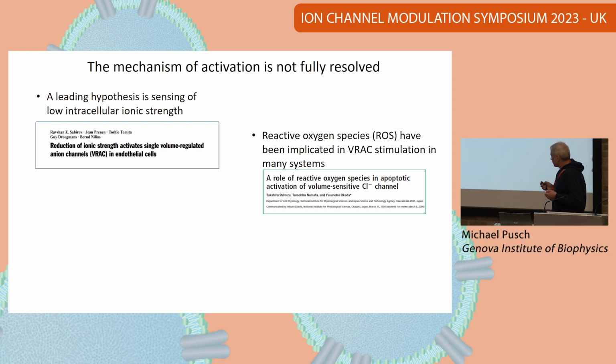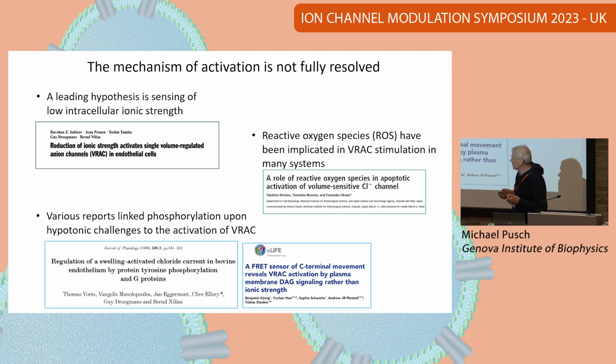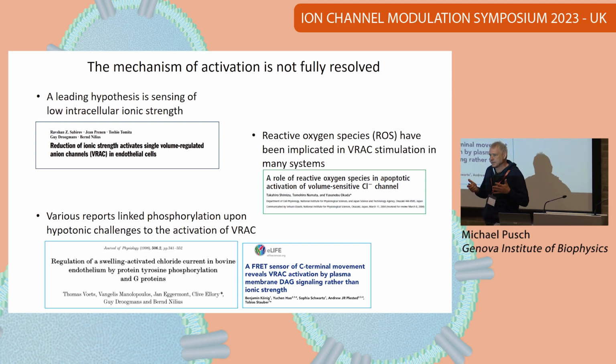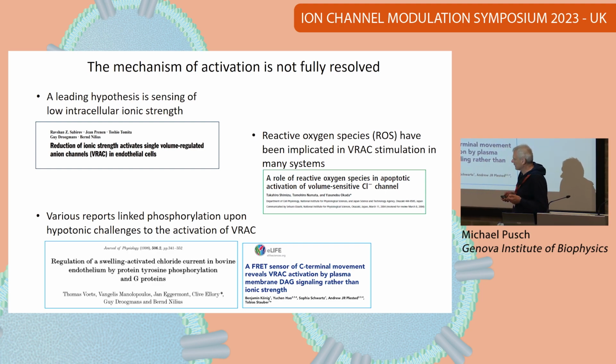Then reactive oxygen species have been implicated in the stimulation of VRAC. And there has also been a large body of literature on the role of various phosphorylation events in the regulation of VRAC. Recently there has also been a paper by Tobias Stauber's group involving phosphorylation as one of the trigger events in VRAC activation.